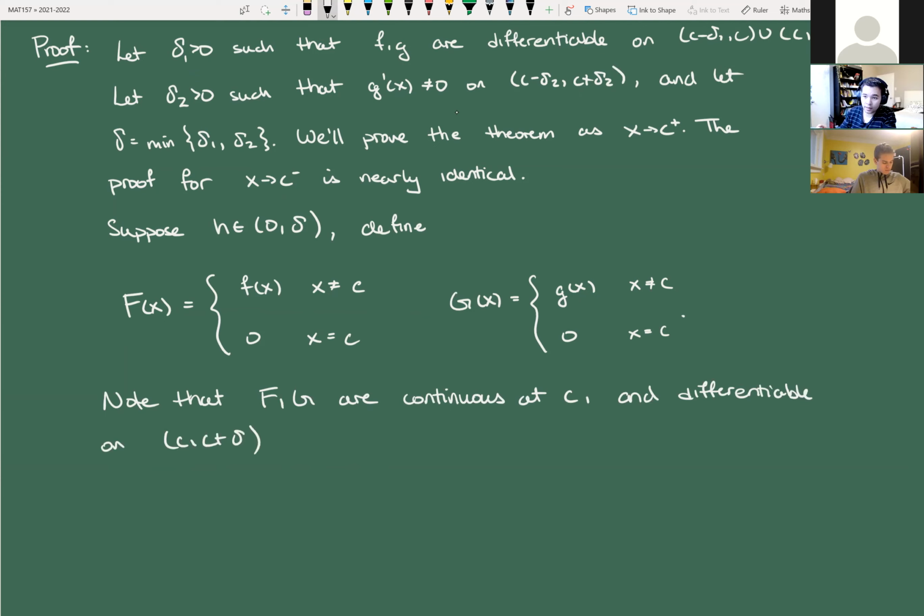Because we assumed that they were differentiable on c to c plus delta, because these are just equal to f and g on that interval, and we assume that those are differentiable there, okay?